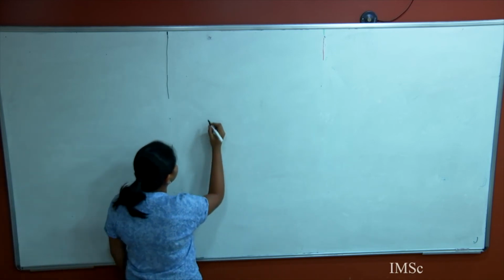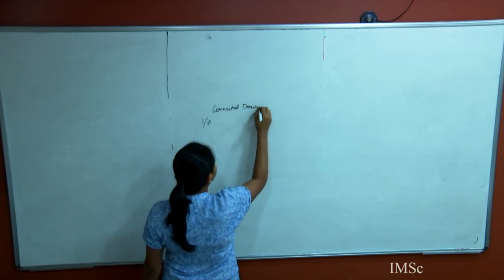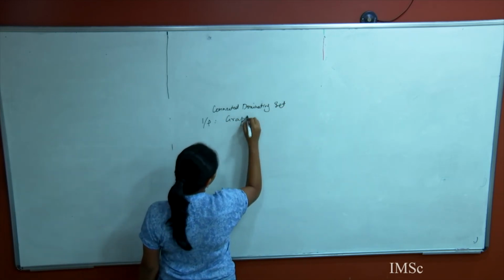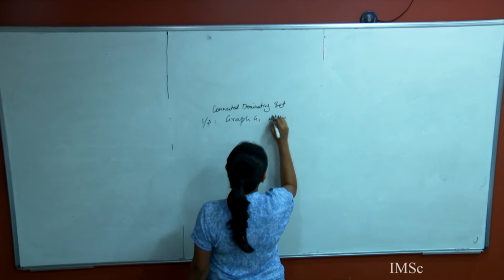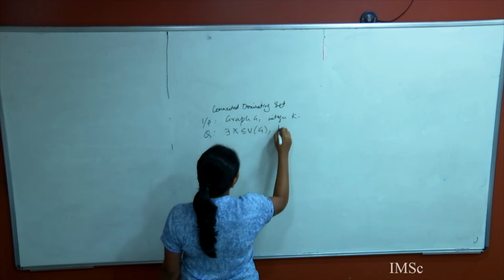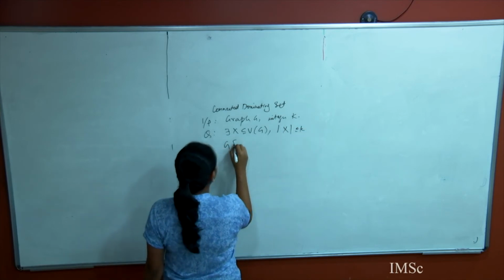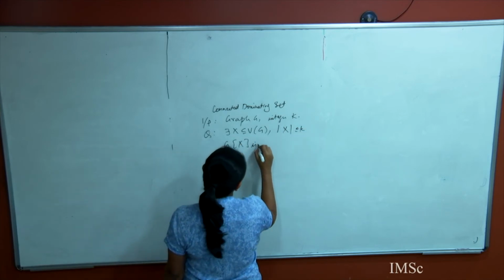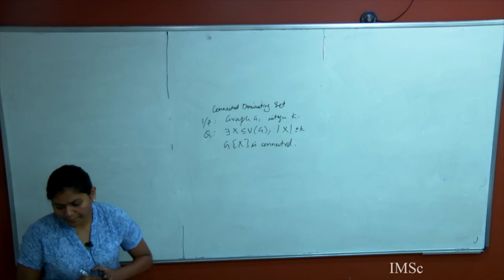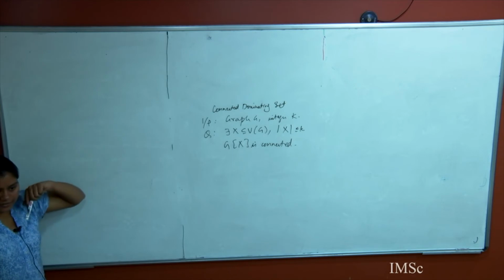In dominating set, we are given a graph G, an integer k, and a set X of vertices of size at most k, and if you look at the graph induced on X, then it is connected. Okay, so this is what we mean by connected dominating set. We'll see that even this problem is hard.